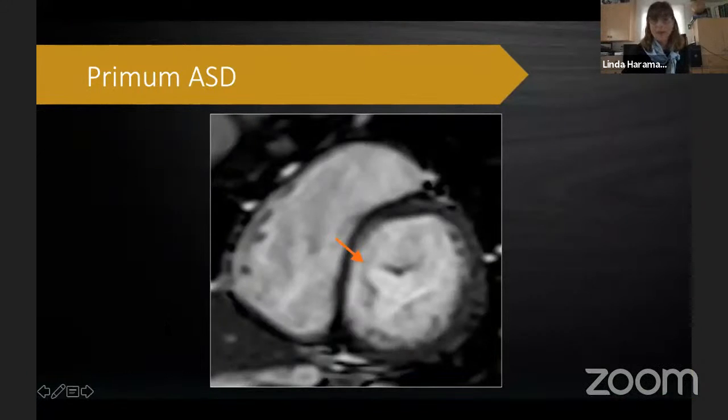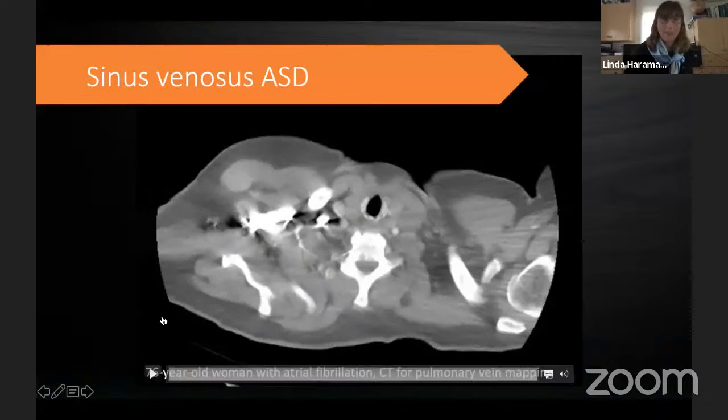The other thing that we have to remember is the cleft in the anterior leaflet of the left AV valve, or many people still call it a cleft anterior leaflet of the mitral valve, as we see in this case. And that's important for preoperative planning to make sure that everything is addressed at the time of surgery.